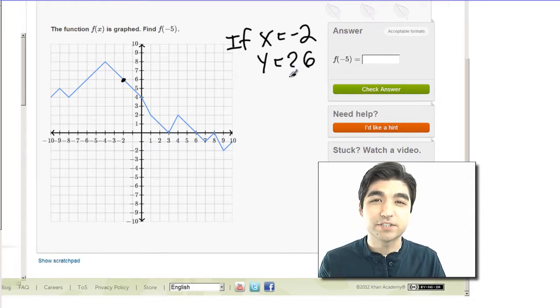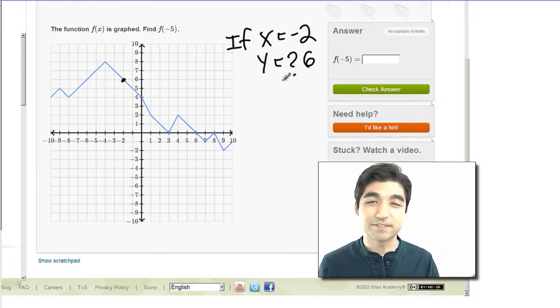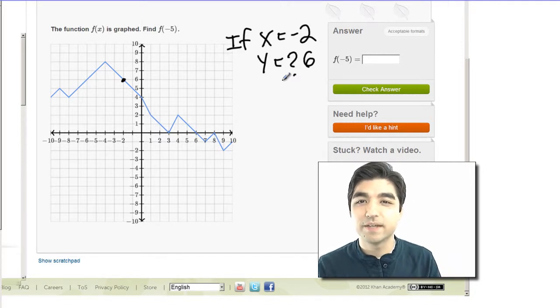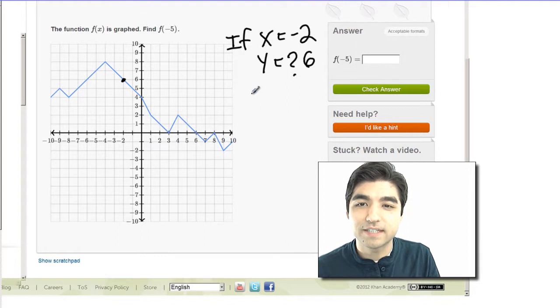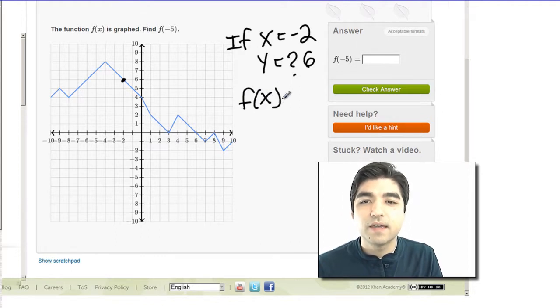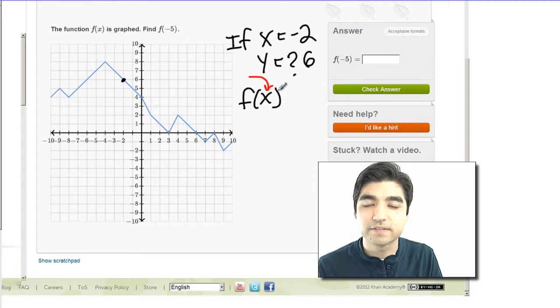Now, the problem with this is that it's a lot of writing, and so mathematicians developed an easier way to do this so that they don't have to write this over and over and over again. They developed something called function notation, and it looks like this: f of x. What you do is you put the x value inside here.